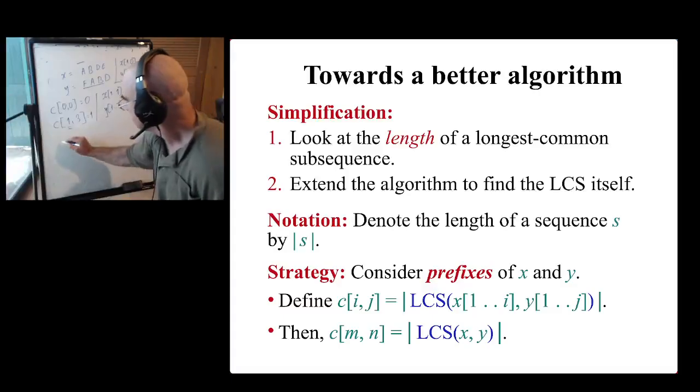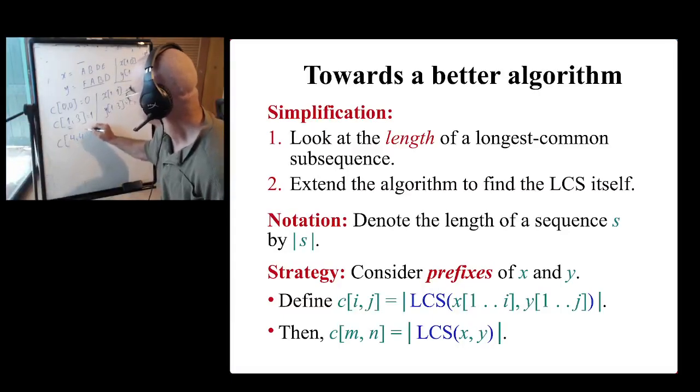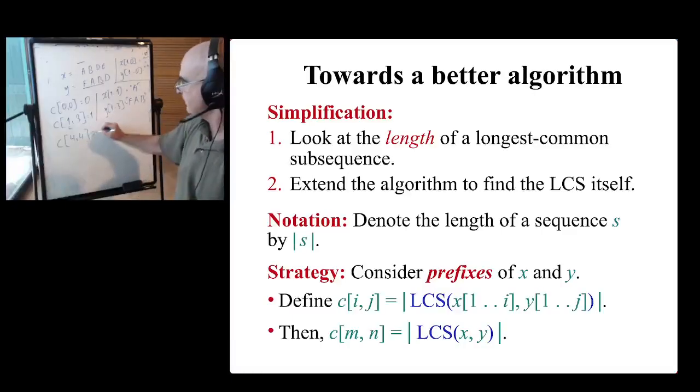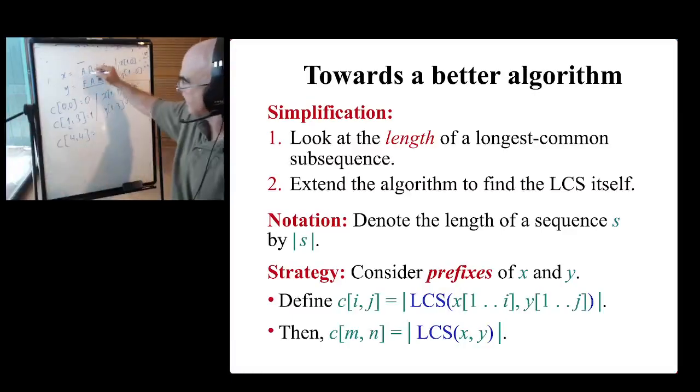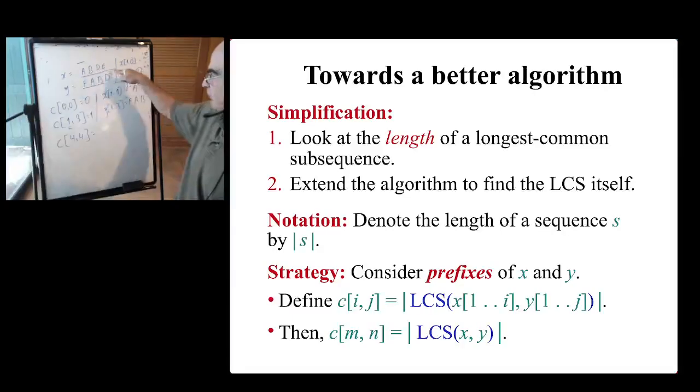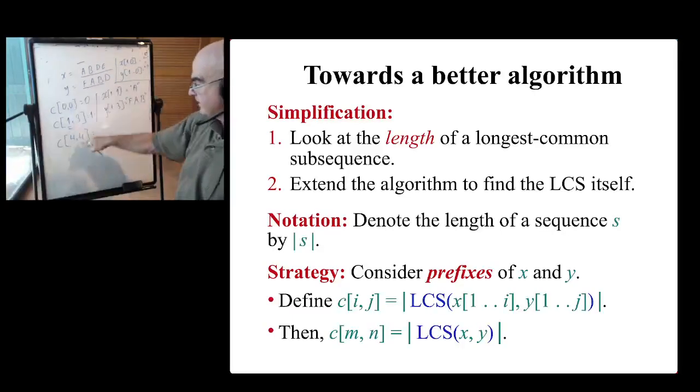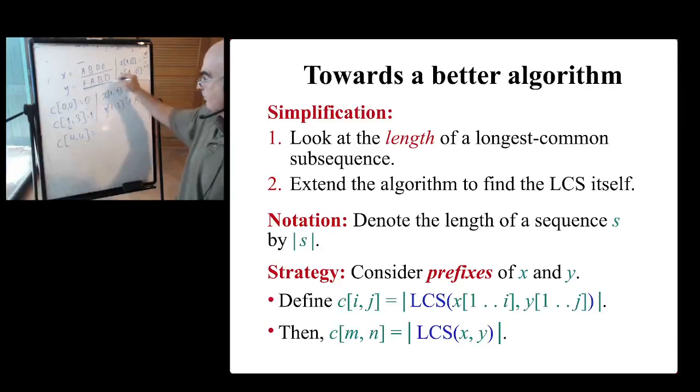What is therefore C of 4,4? C of 4,4 means take everything, the whole 4 characters of X, take the whole 4 characters of Y, and ask what the LCS between these two is.